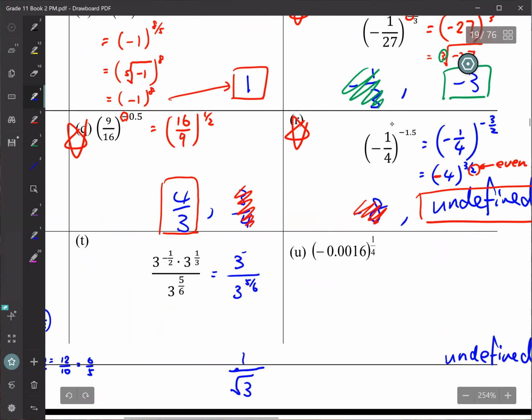It'll be -1 over 6. Is that correct? Okay, -3 plus 2, -1 over 6. And then you need to subtract. When you subtract them, it will become 3 to the -1. So there's no root now. It should be just 1 over 3.